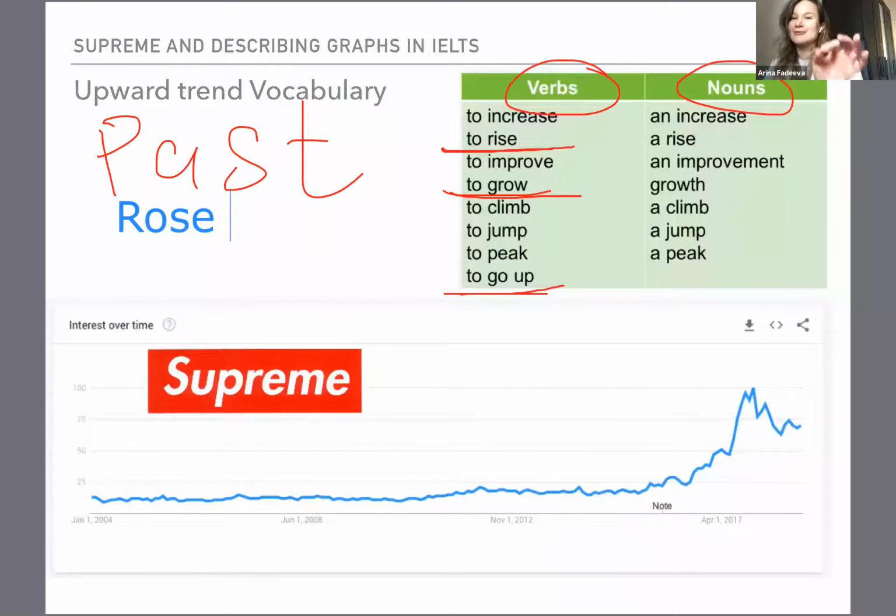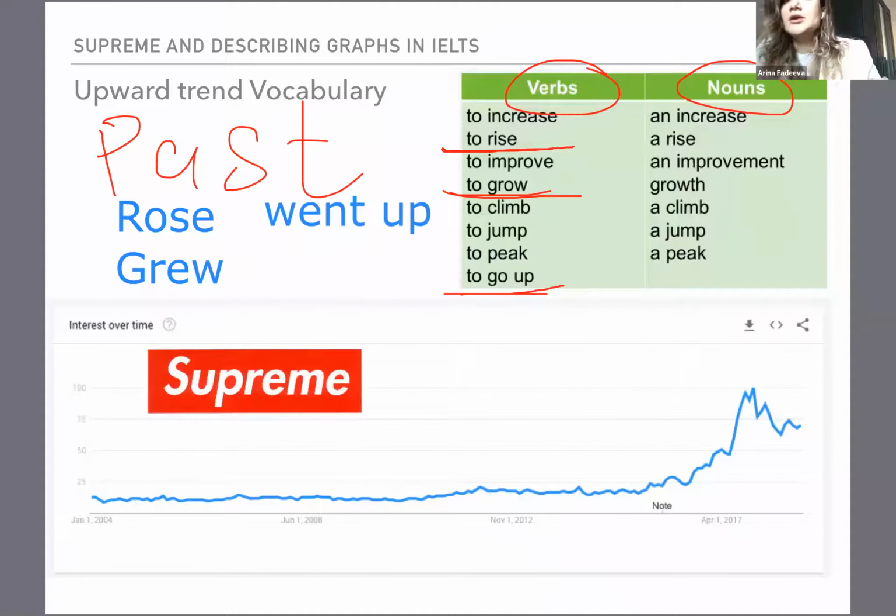All right, the past of rise is rose. What about the verb grow? It's grew. Thank you. And the past form of go up? Went up, exactly, thank you. Went up. So be really careful here.